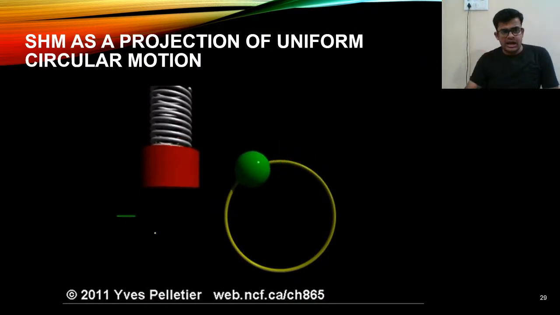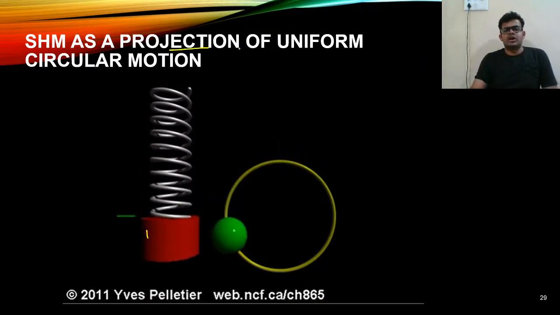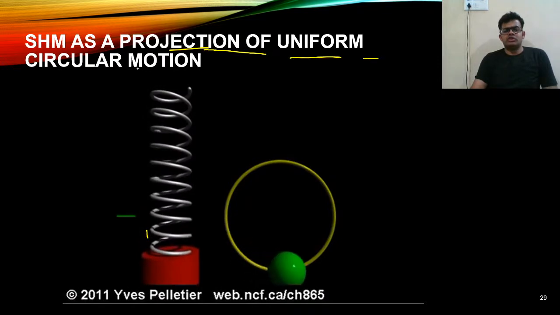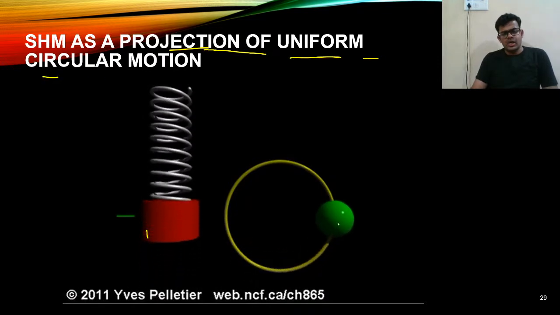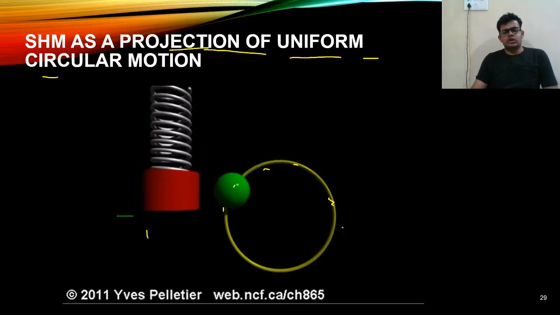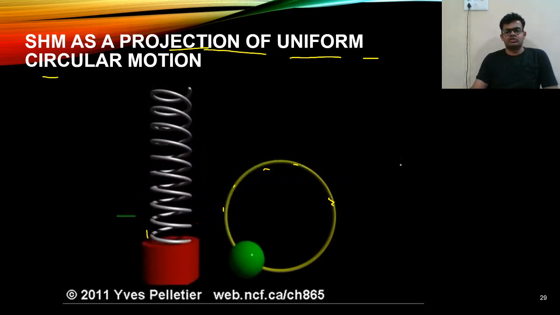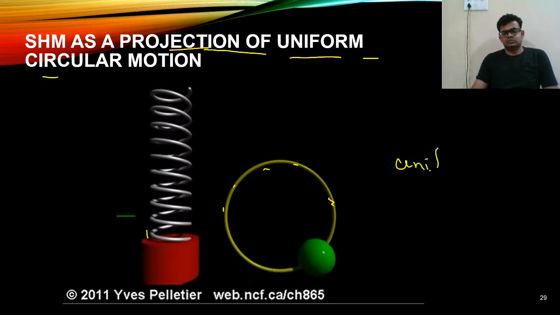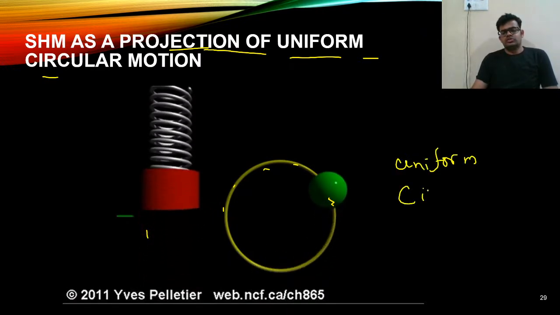All of you can see now the next heading is SHM as the projection of uniform circular motion. So you can see, let's say this is the particle and this is moving along a circular path. So this is a uniform circular motion.